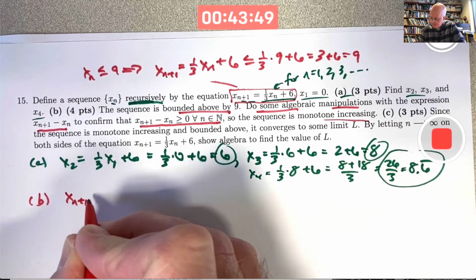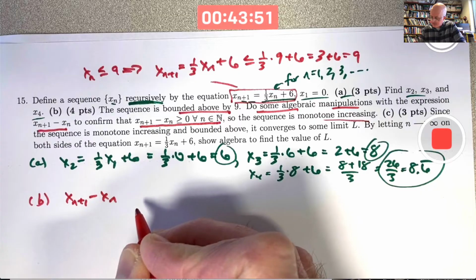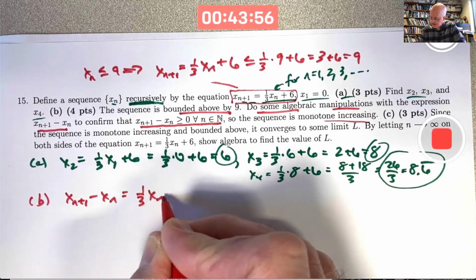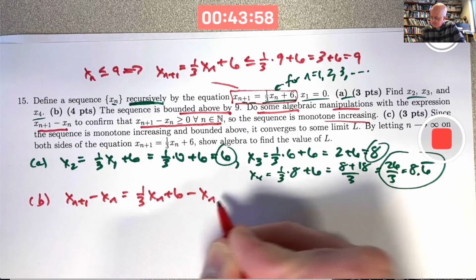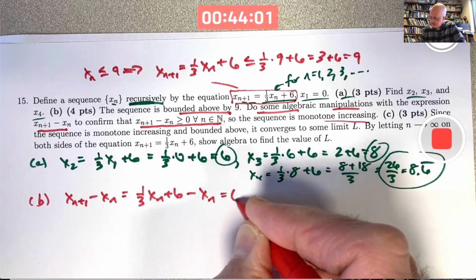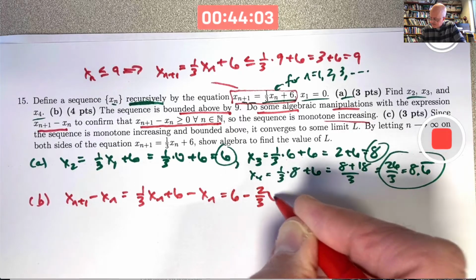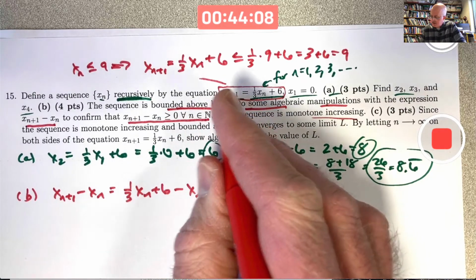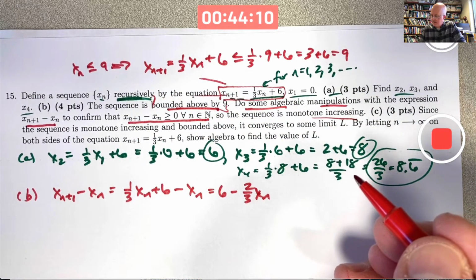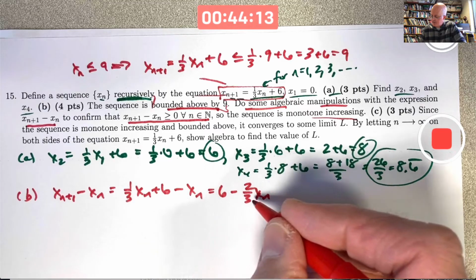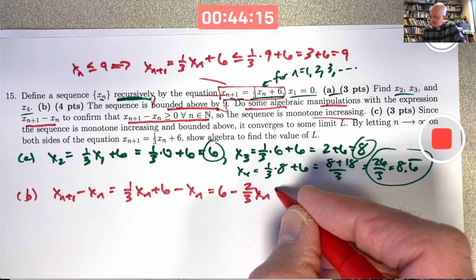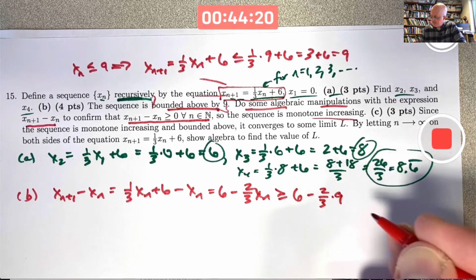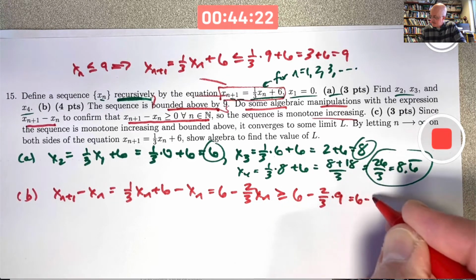xn plus 1 minus xn for an arbitrary natural number n is, by the recursive formula, 1/3 xn plus 6 minus xn. That simplifies to 6 minus 2/3 xn. And since I'm saying go ahead and assume the sequence is bounded above by 9, if you subtract 2/3 times the sequence here, this is going to be greater than or equal to 6 minus 2/3 times 9, which is 6 minus 6, which is 0.